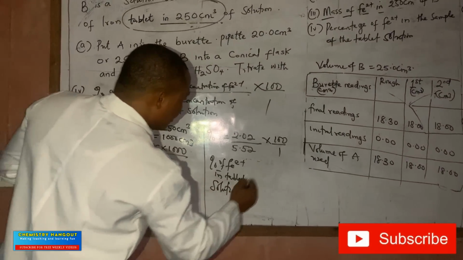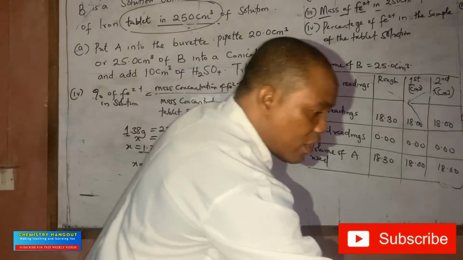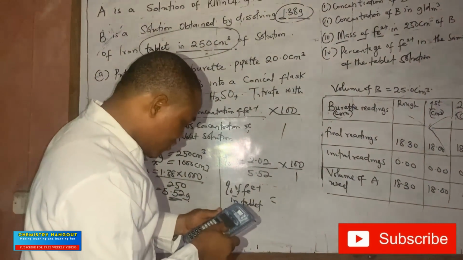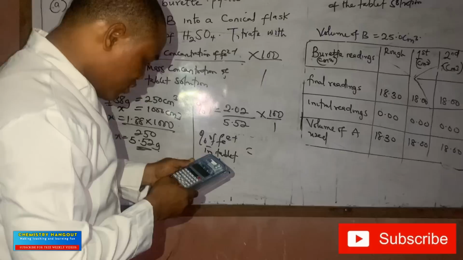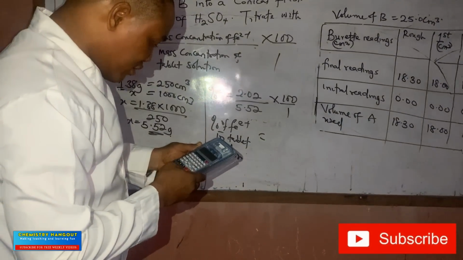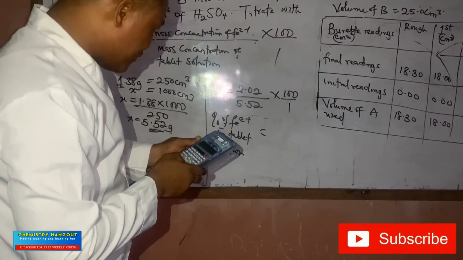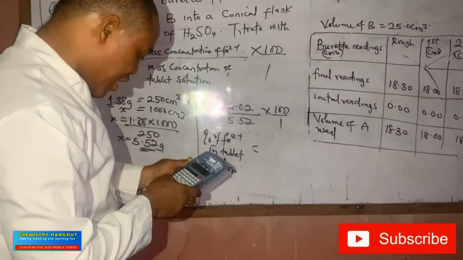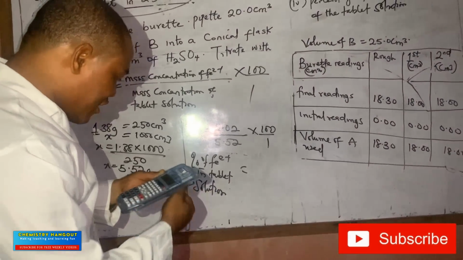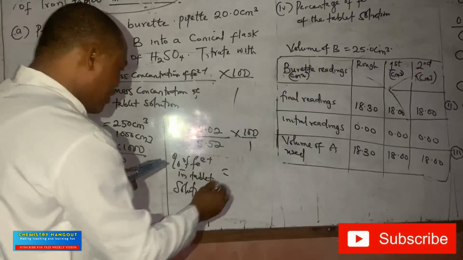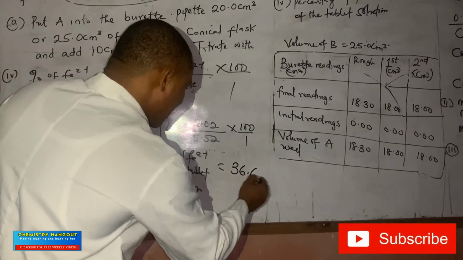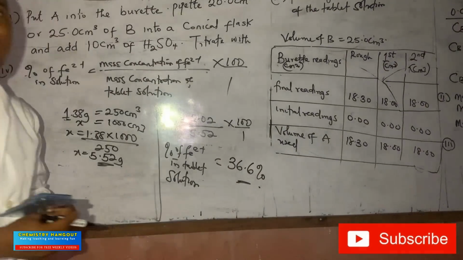This is our calculator now. So we have 2.02 times 100 divide 5.52. And that's giving us 36.59. So let's just say 36.6%, and that's all.